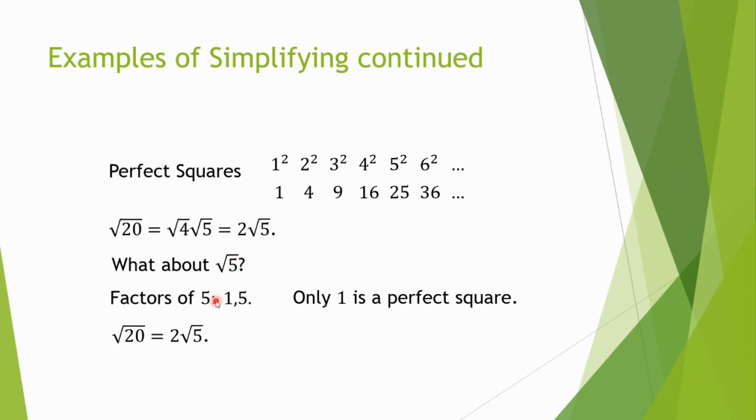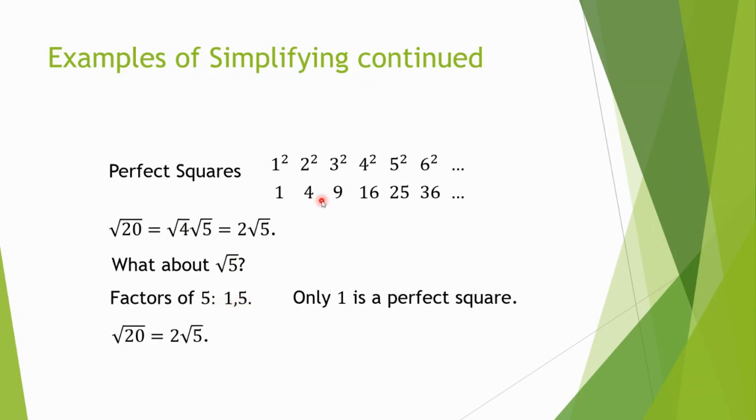We know the only factors of 5 are 1 and itself. This might be a little beyond the scope of the course, but 5 is actually called a prime number, meaning only factors are 1 and itself. And also 5 is bigger than 1. 1 is not prime by definition, but anyway, that's what 5 is.